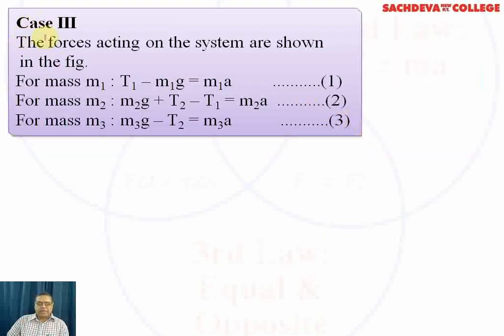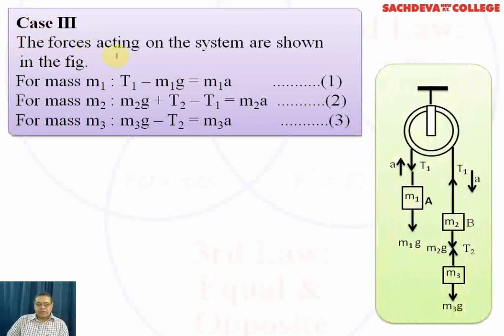Now we come towards case 3. In the figure, we can take help of the figure. The forces acting on the system are shown in the figure. I have already described the figure. Now we are writing the equations. For mass m1, T1 minus m1g is equal to m1a.